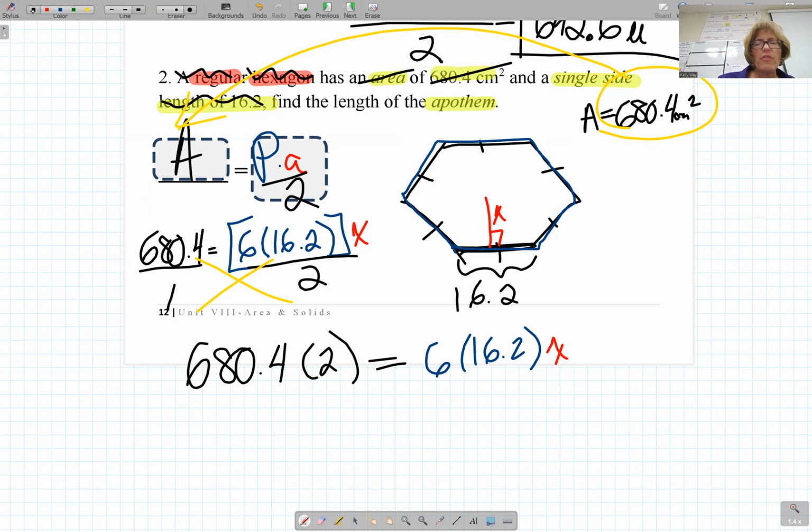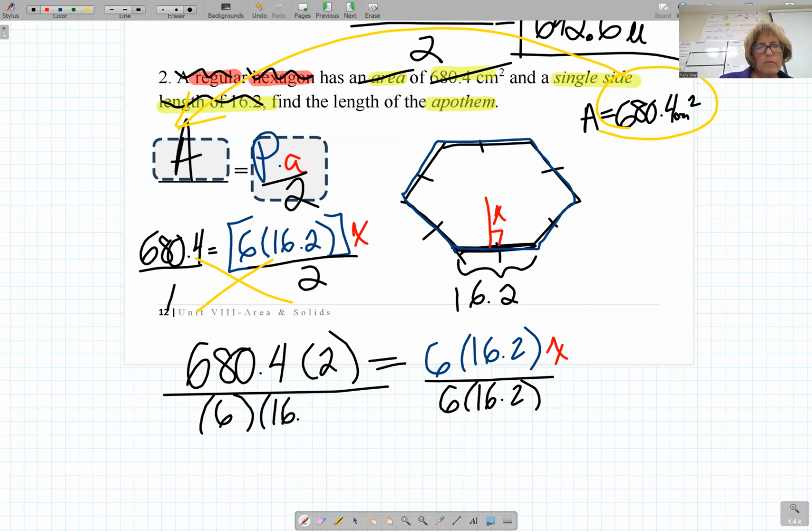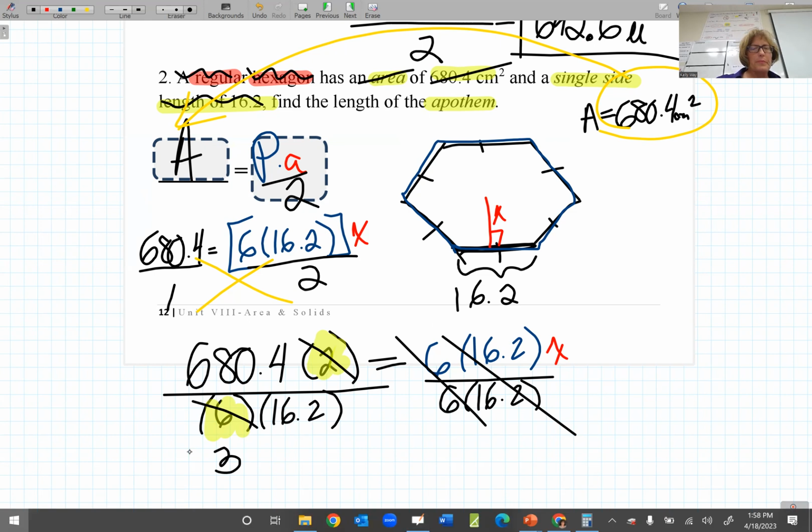So we're just going to divide this out. These cancel. I can factor this a little bit here. 2 goes into 6 3 times.